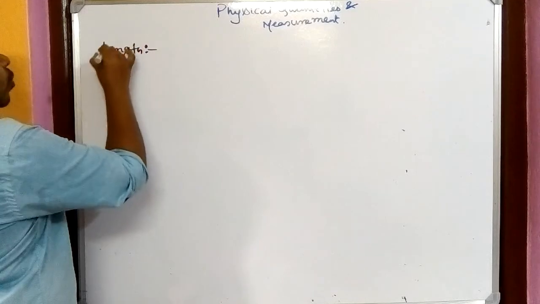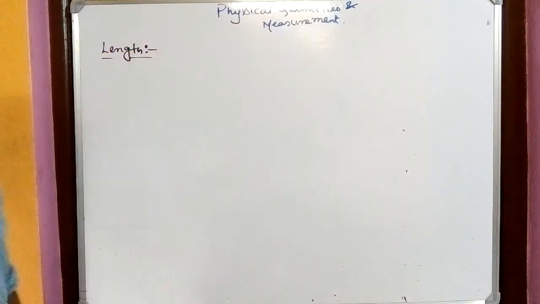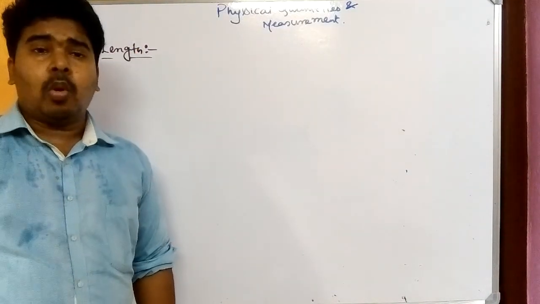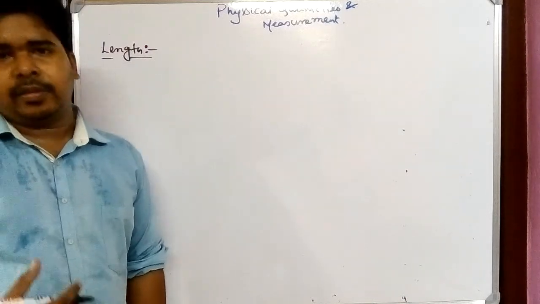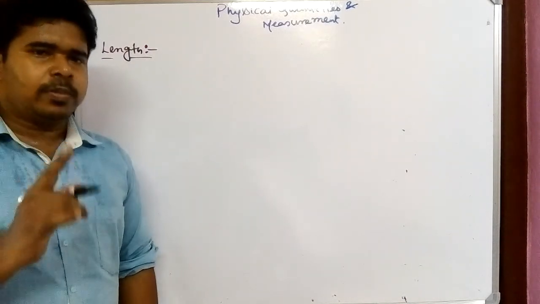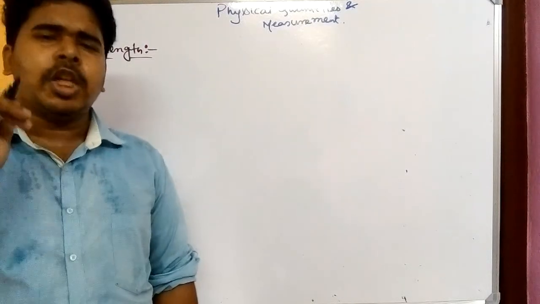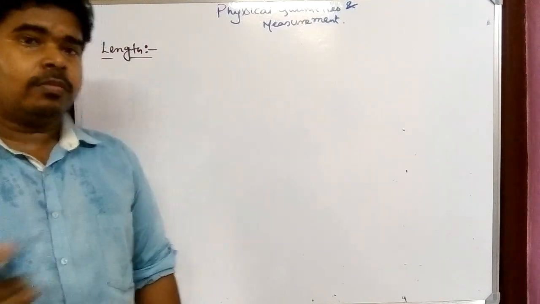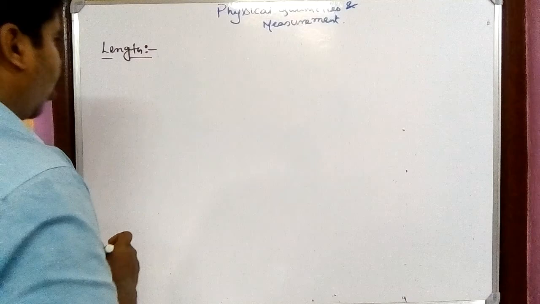We know we can measure length, but if anyone asks you what length is, what would you say? I hope you all have your copy and pen. Start writing the definition of length.